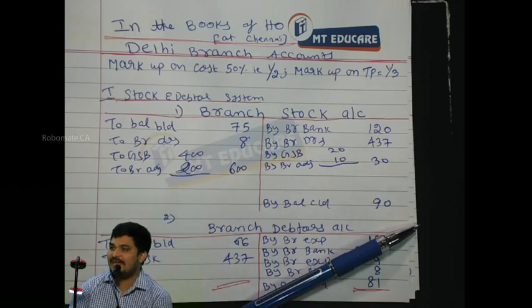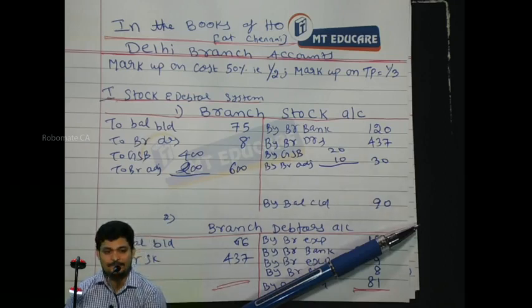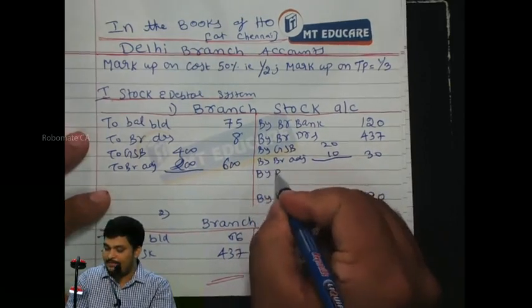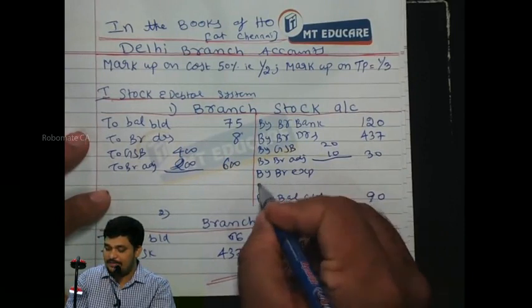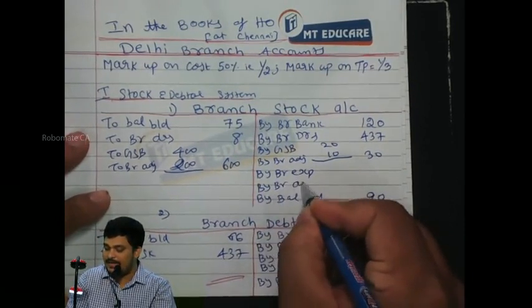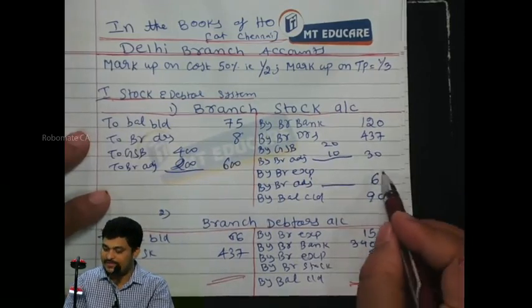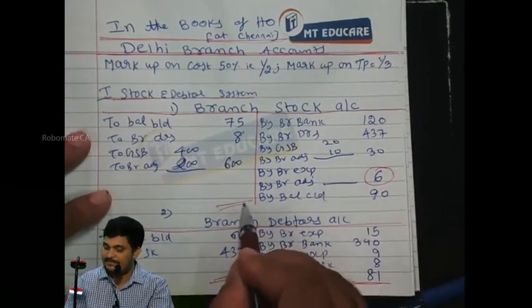If the debit is greater, I told you the difference is either loss of stock or sales less than. First priority is. So by branch expenses, by branch adjustment, 6. The first time we are seeing such a difference.